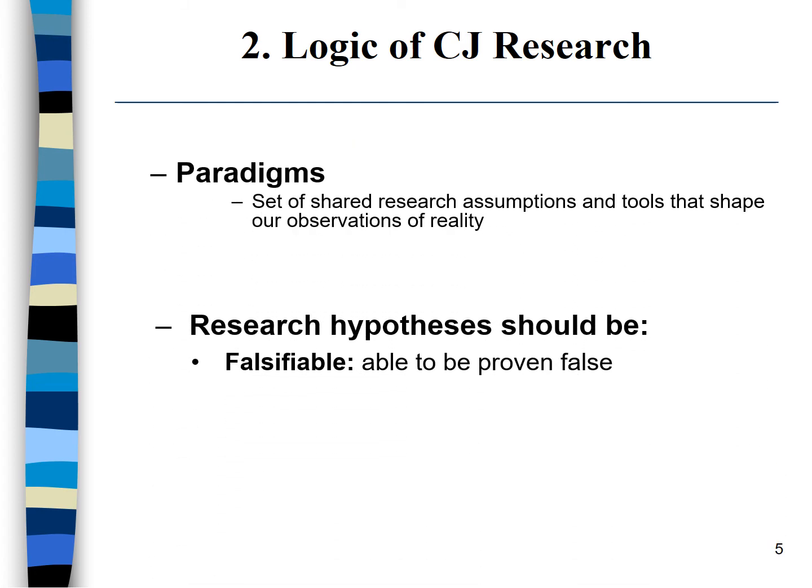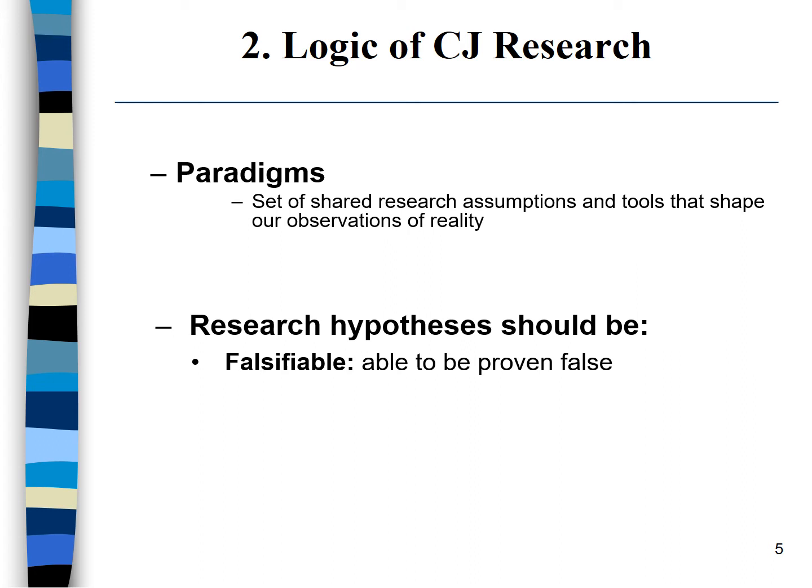Two other things that tie into the notion of the logic of research are, one, we have to understand that research coming out of any time period is situated within a particular paradigm. What the heck does a paradigm mean? Well, in the simplest sense, paradigms are a set of shared research assumptions and tools that shape our observations of reality.